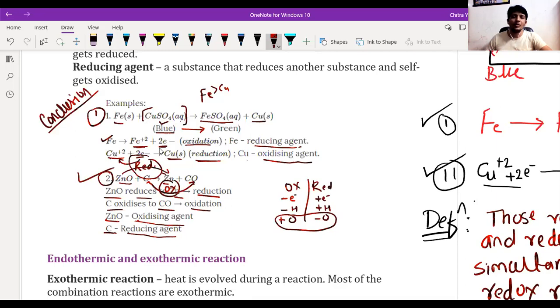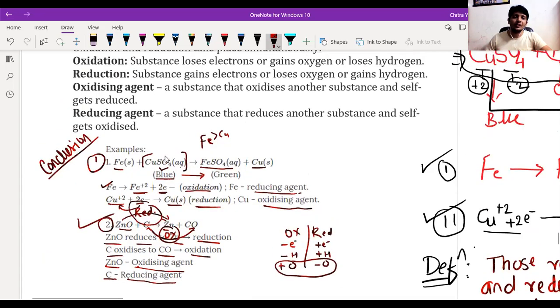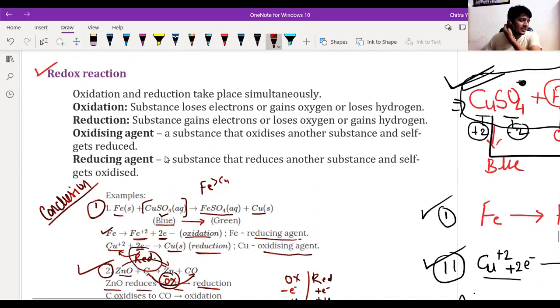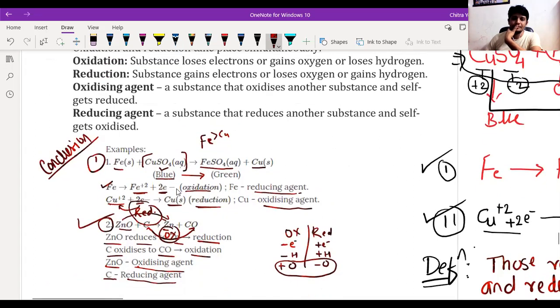Yes, sir. Okay, so we have to discuss oxidizing and reducing agents. I'm going to scroll this screen aside so that we get space for understanding oxidizing and reducing agents.